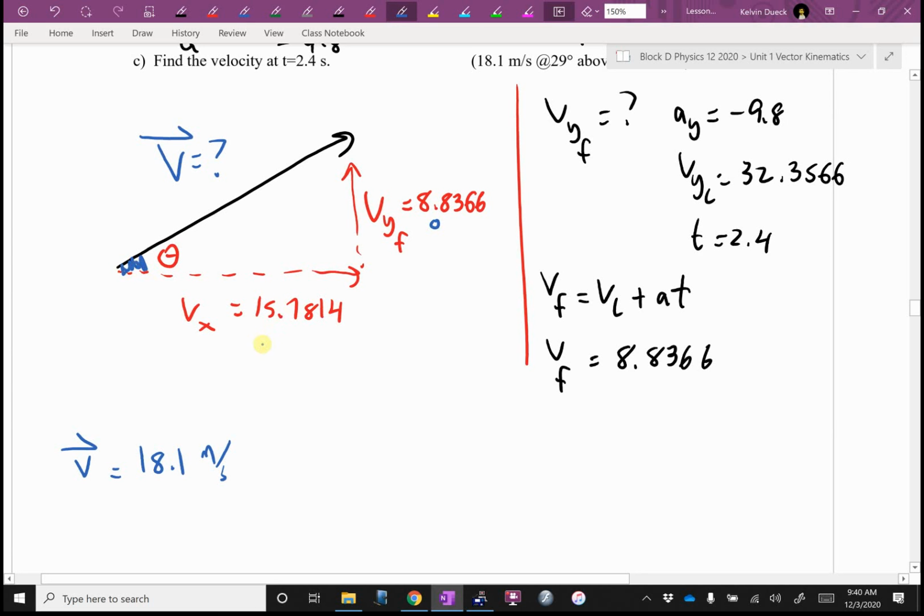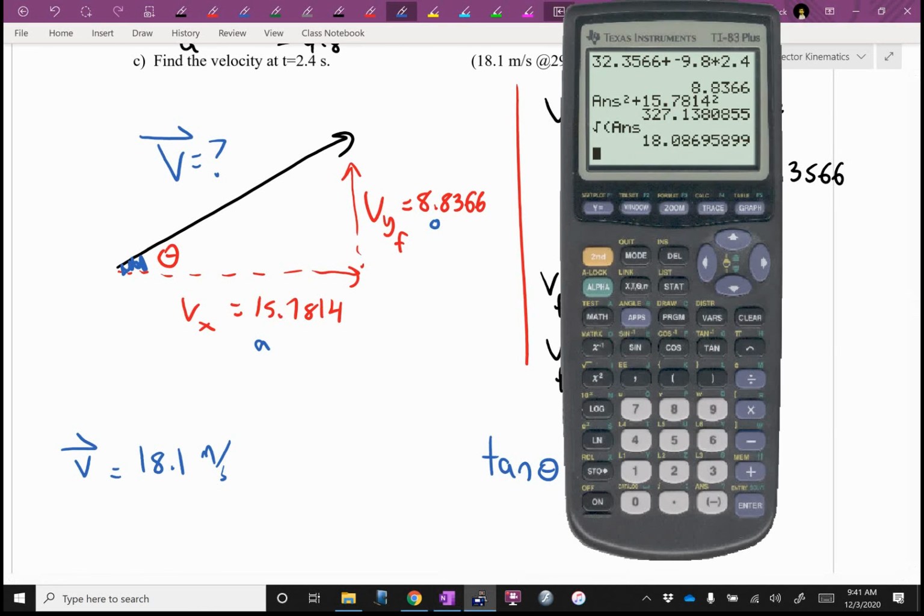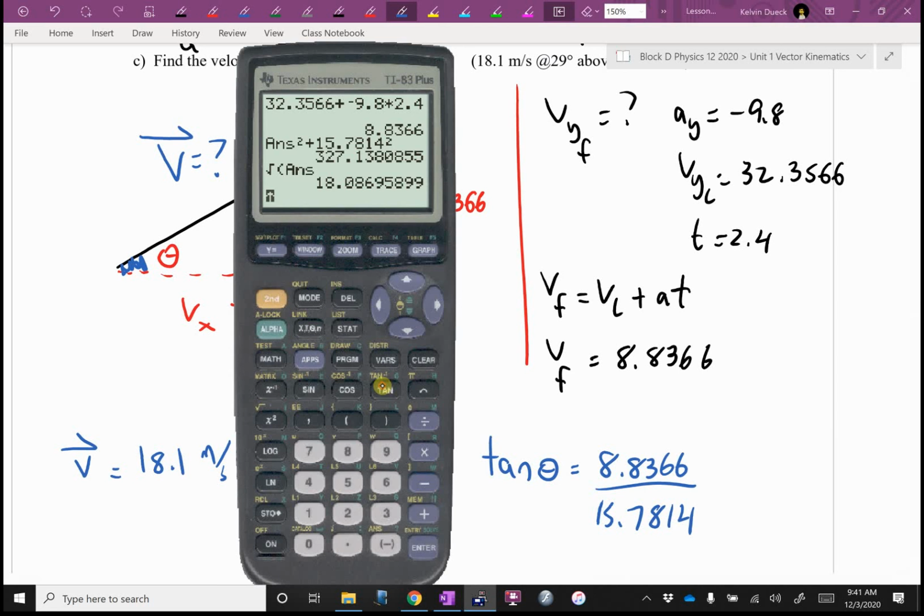Opposite, adjacent. Tan again? Yeah. I think I made a typo.